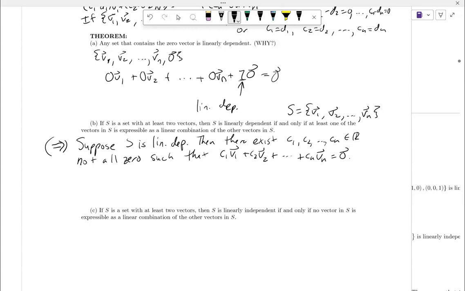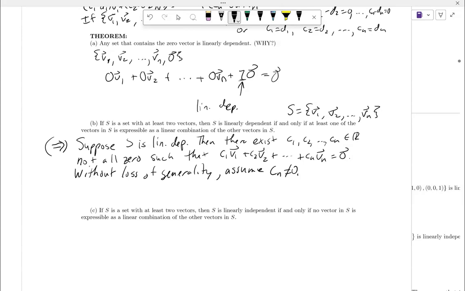So let's just say, this is math speak for it, the number doesn't matter. Without loss of generality, let's assume that Cn is not equal to zero. One of them has to be not zero.